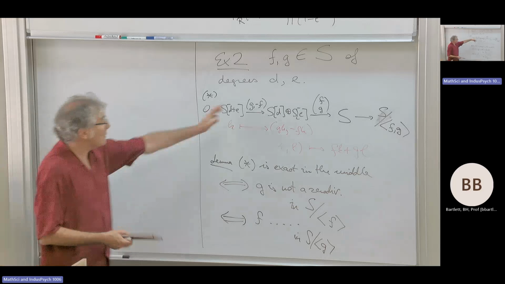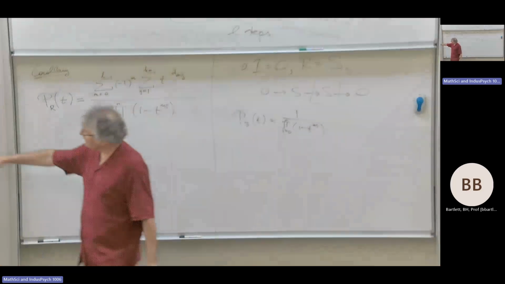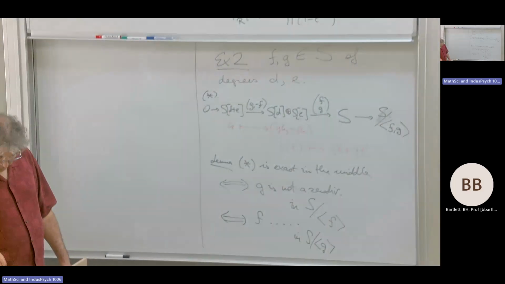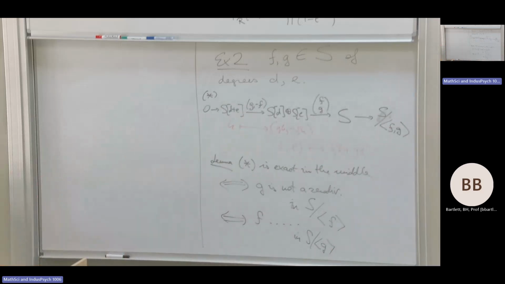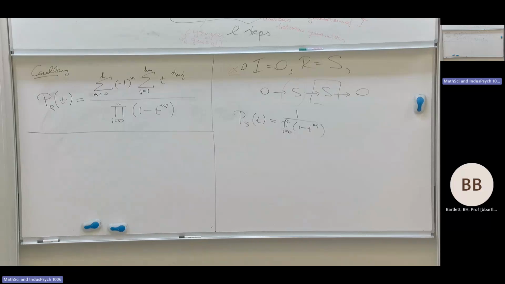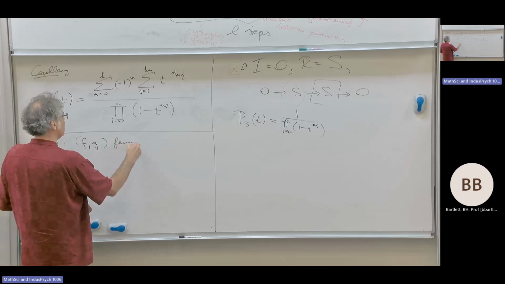So this is just a little calculation. You just want to check, is this complex exact in the middle, and this condition just comes out very naturally. So in this case, and we'll give a general definition, this condition star means that F and G form a regular sequence.